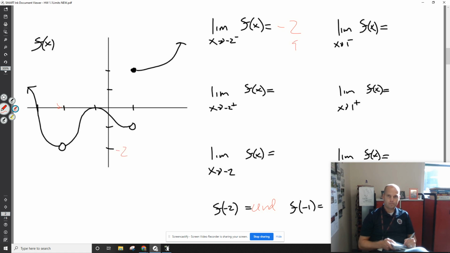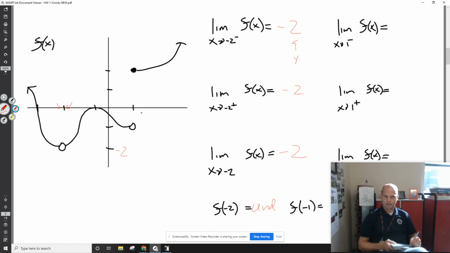If I'm to the right of -2, I'm still down here at these y coordinates at -2, which means my limit's -2. I'm approaching the value of this open circle. I can't plug in -2. It's undefined, but I can plug in things very close to it and get values very, very close to -2.